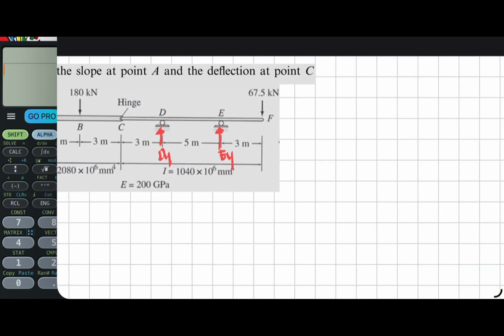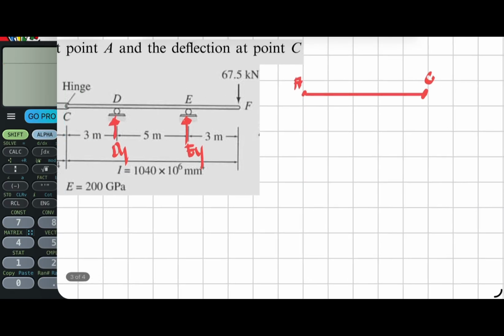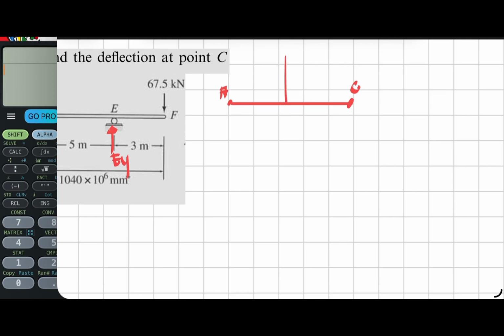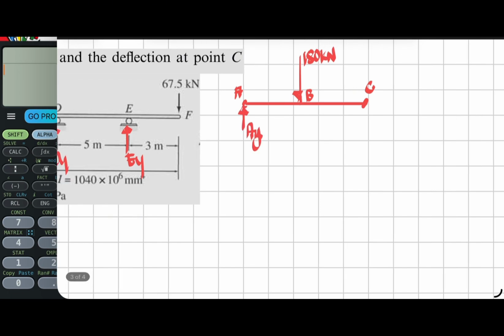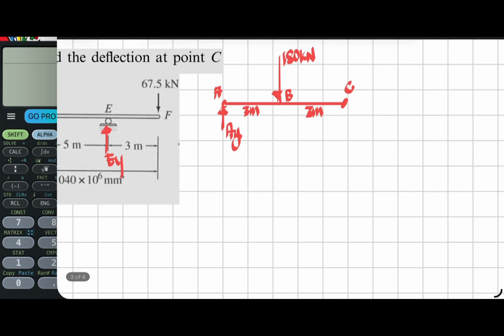To solve for AY, we need to analyze and sketch the free body diagram from A to the internal hinge C, with the concentrated load of 180 at point B. So we have AY with a distance of 3 meters from A to B and 3 meters from B to C. To solve for AY, we sum up moment at point C equal to 0.